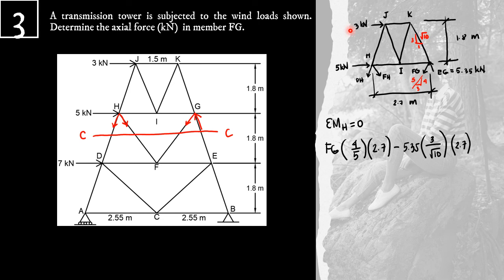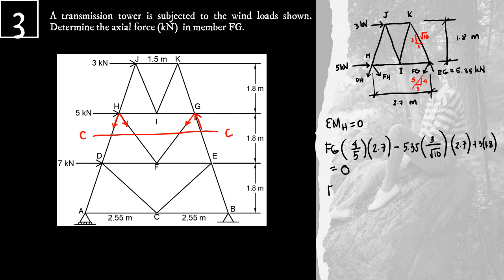And lastly, the 3 kilonewton force creates a clockwise moment about point H with a moment arm of 1.8 meters. So positive 3 times moment arm 1.8 meters, and this is equal to 0.